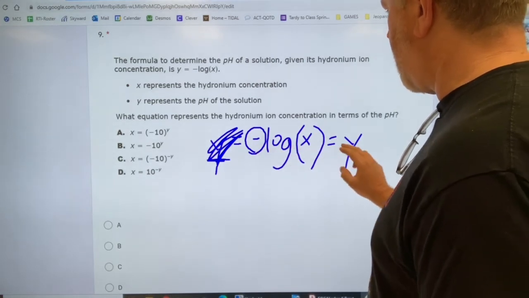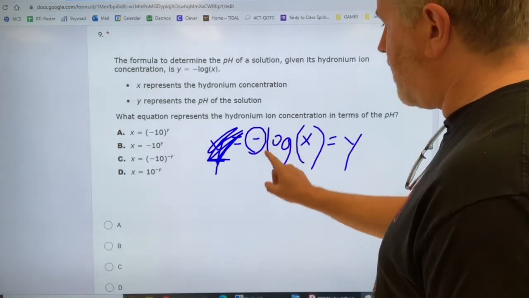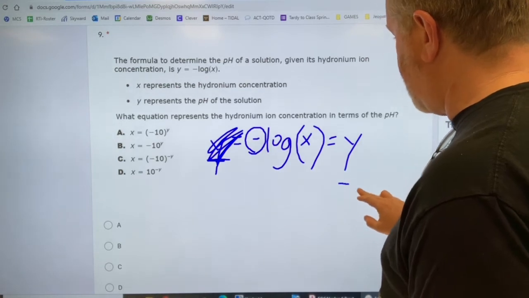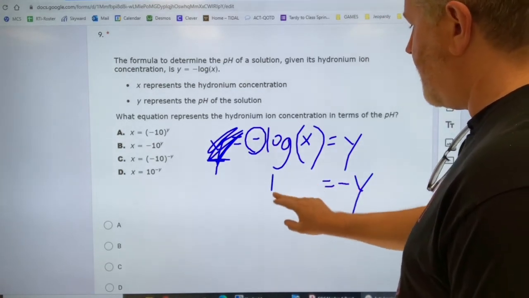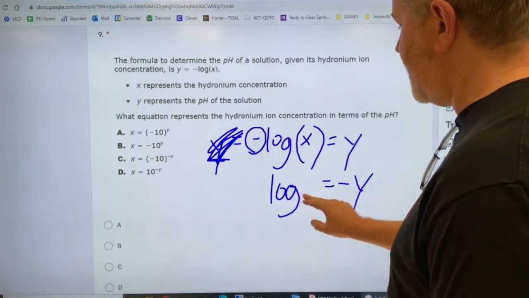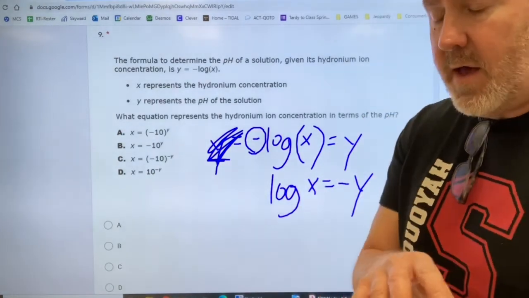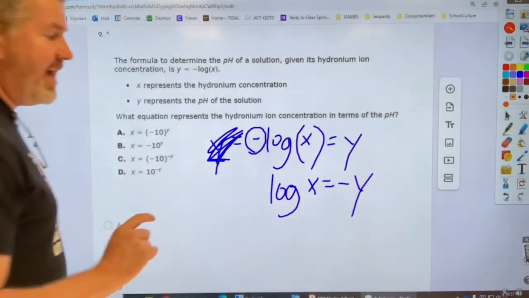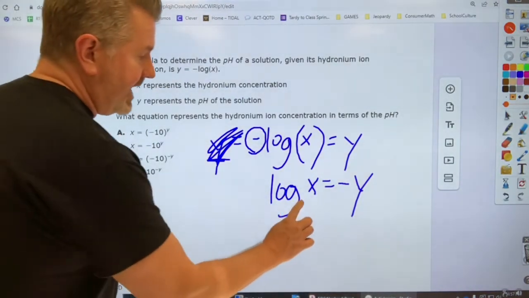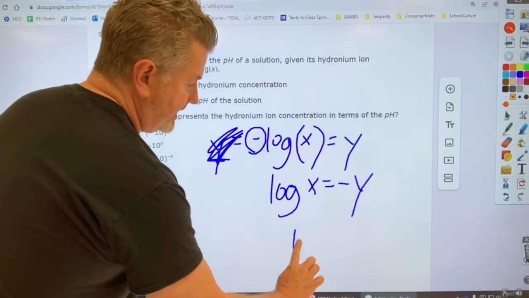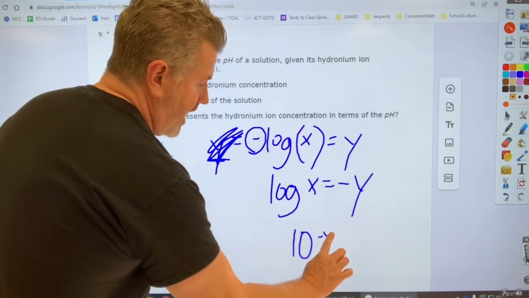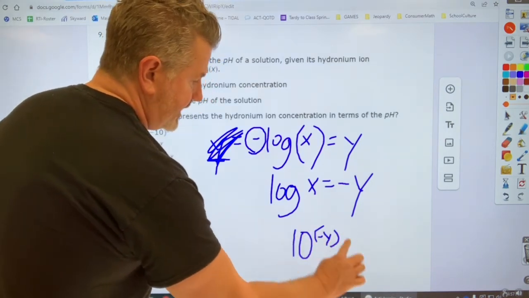So we're going to multiply both sides by -1 to get rid of that negative. I want to move it over here next to the y. Now we have log base 10 of x. Remember, if the log base is empty, then the base is 10. So what this is saying then is 10 to the negative y equals x.